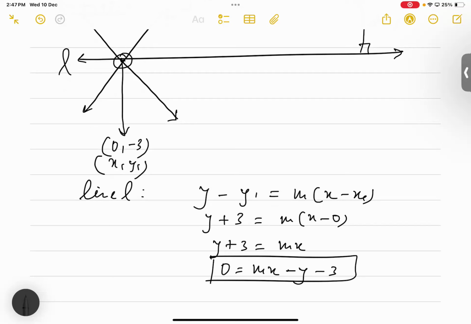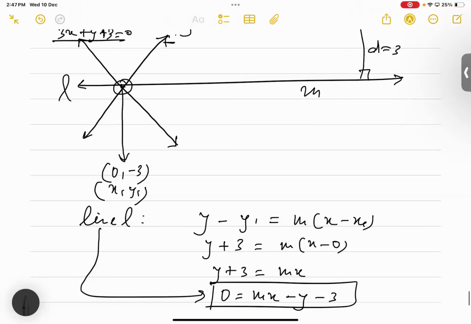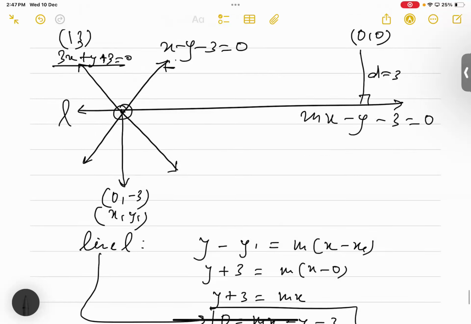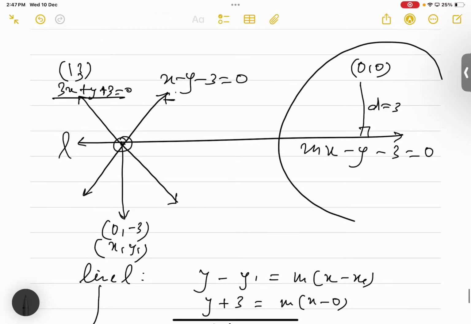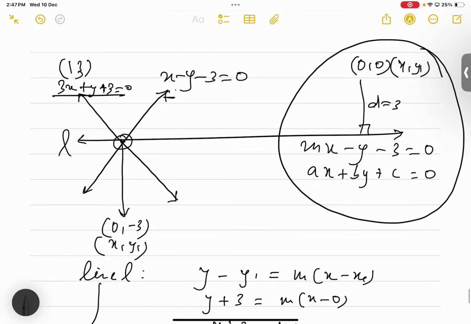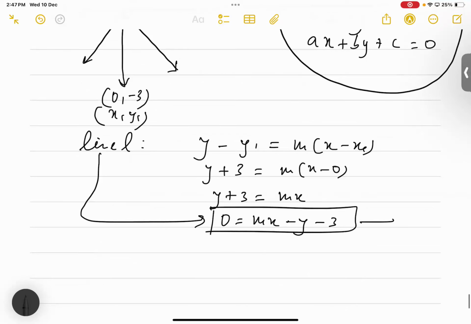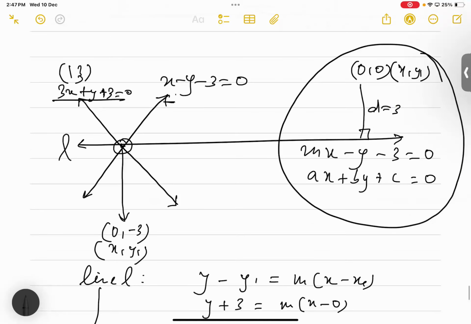Guys, are you understanding this? So line L I have calculated using slope point form. Line L is mx minus y minus 3 is equal to 0. Now we'll use this particular concept: this is x1, y1, and this is ax plus by plus c is equal to 0. Line L I got in the general form. Now, what is the distance D over here?